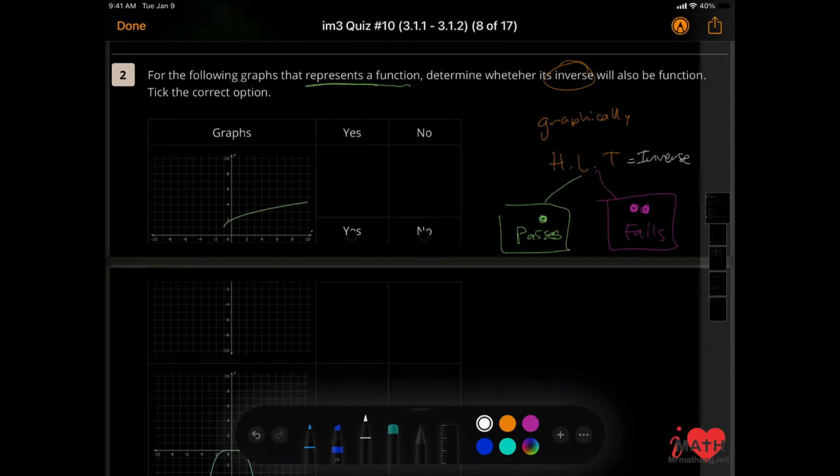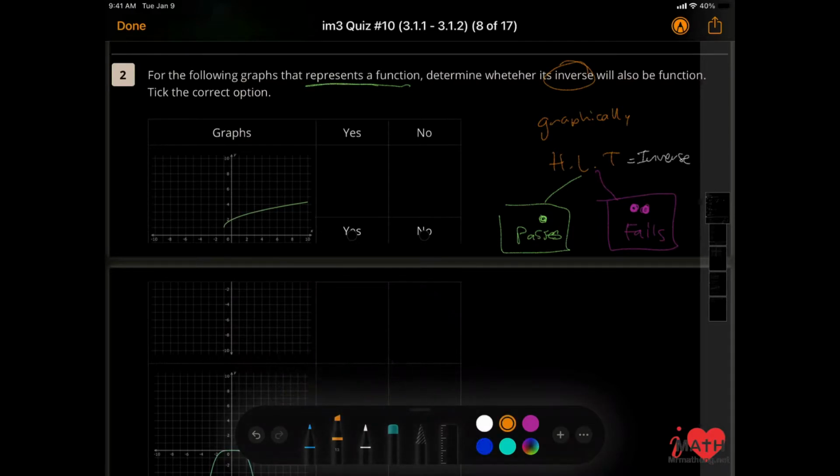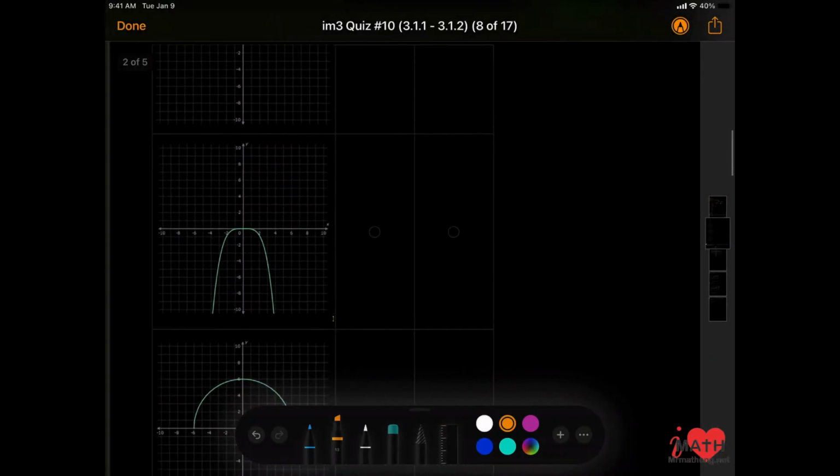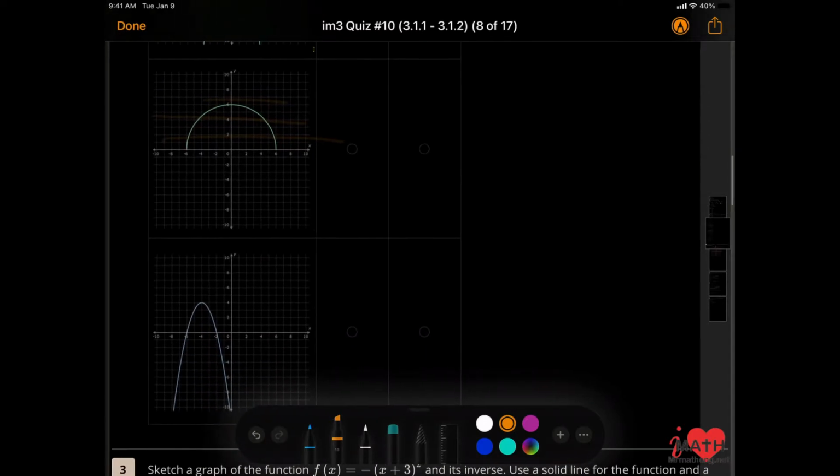So let's take a look at these graphs. Again, you just do the same thing. You can just draw a horizontal line in a couple of places. Those were super faint, but I think you get the idea.